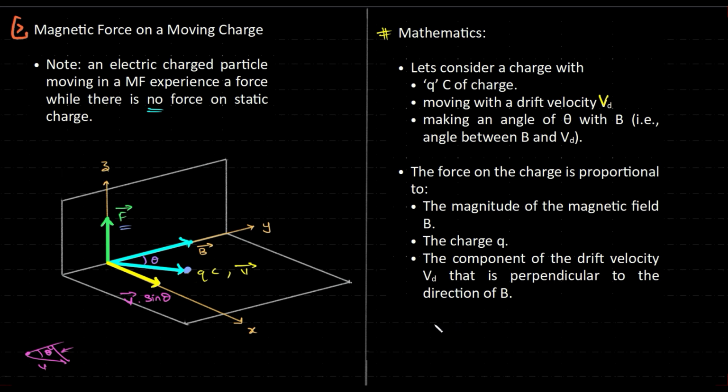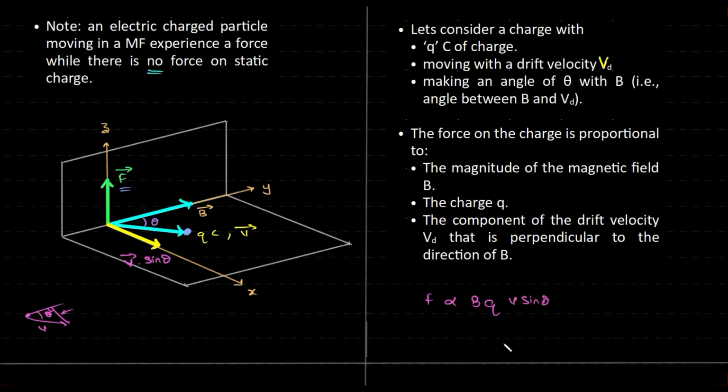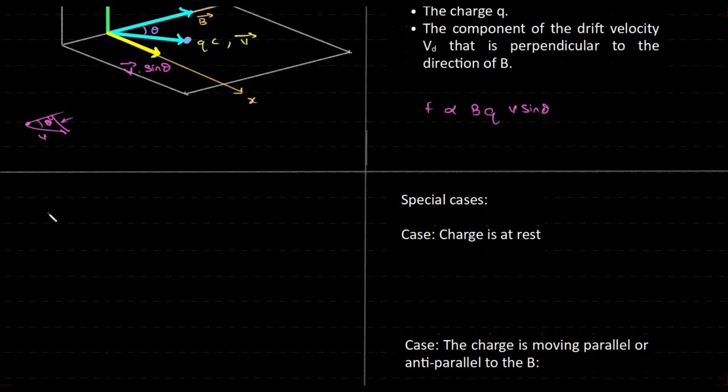Right? And now, as per all of this, what do we have? The force is proportional to B, Q, and V sine of theta. So when we remove the proportionality symbol, we get a proportionality constant K times B, Q, V sine theta.